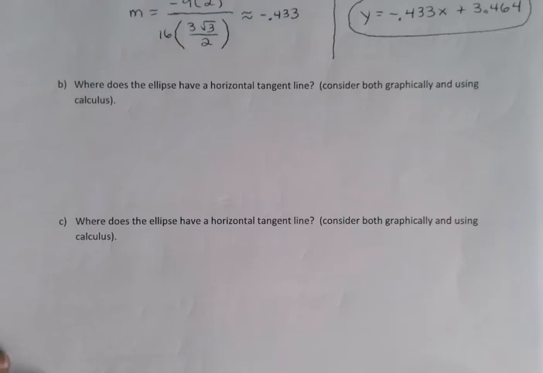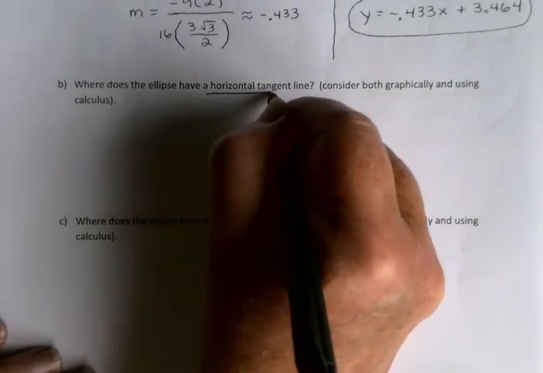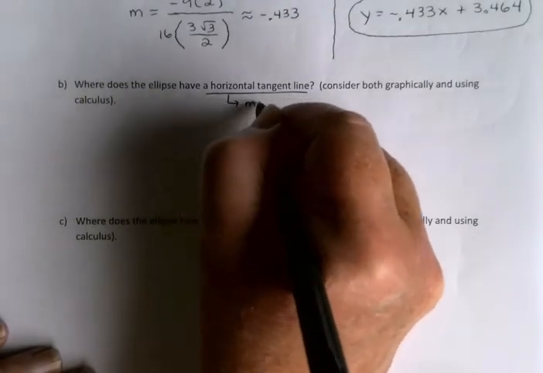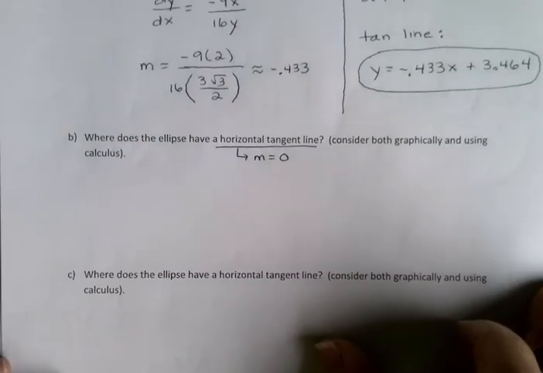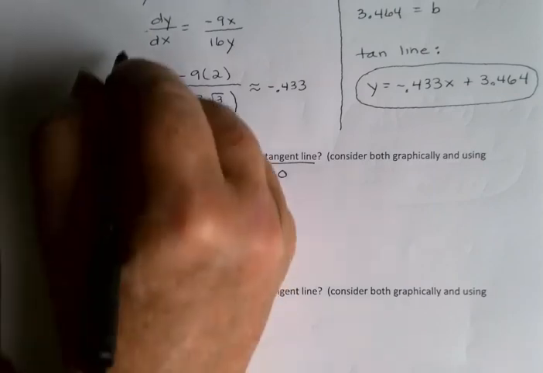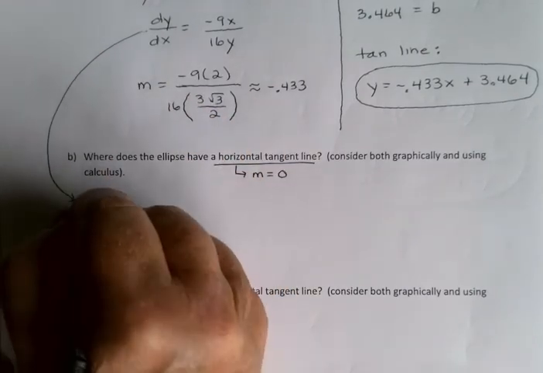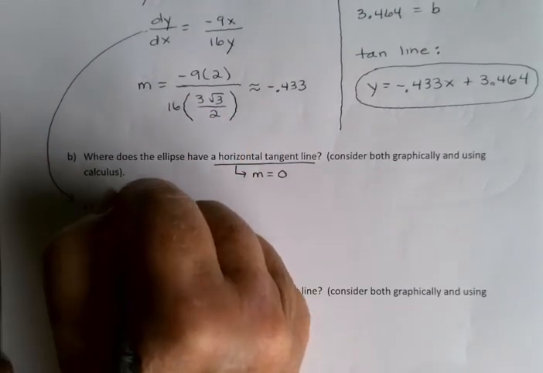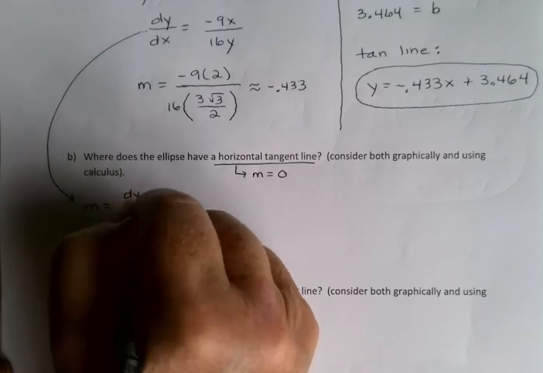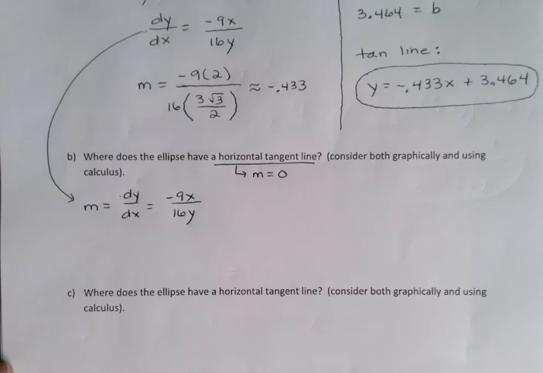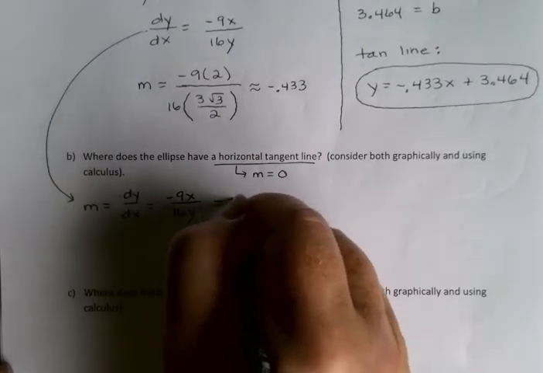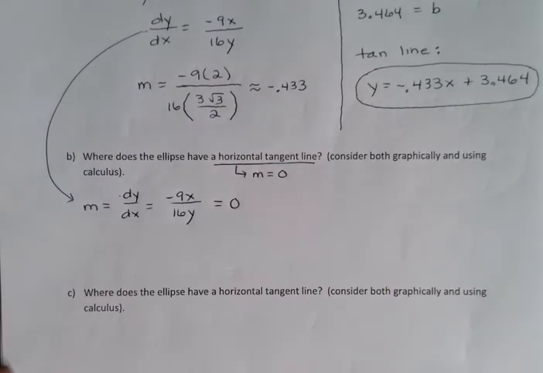All right, let's take a look at part B. Where does this ellipse have a horizontal tangent line? Horizontal tangent line, of course, would mean the slope would be 0. And so if I take my function that represents slope, dy/dx, and I ask myself, where is that slope or derivative equal to 0?